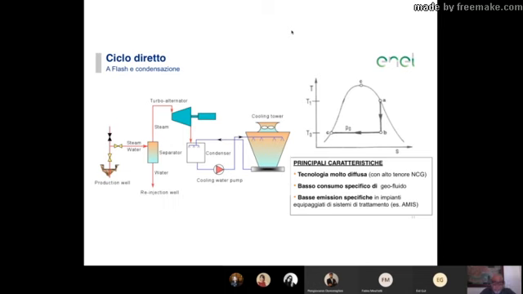In addition to this, the droplets that drop down into the cooling tower, if they evaporate completely, leave back a solid residue which is emitted directly to the atmosphere.